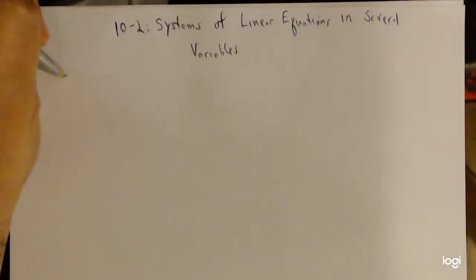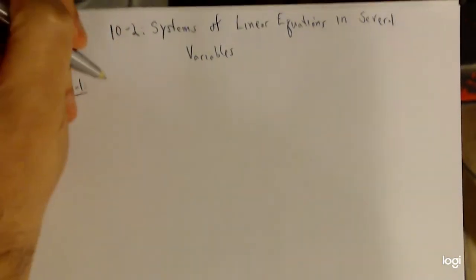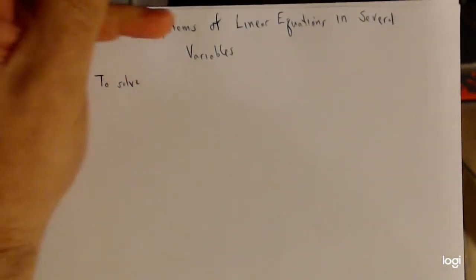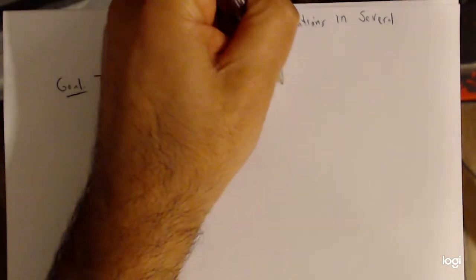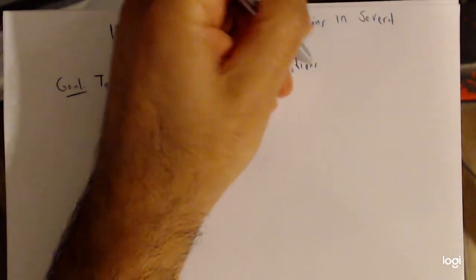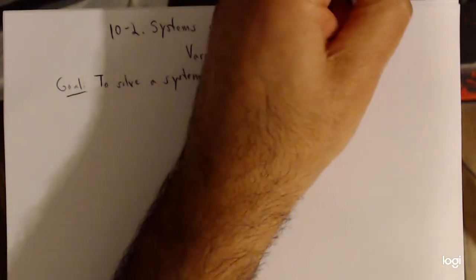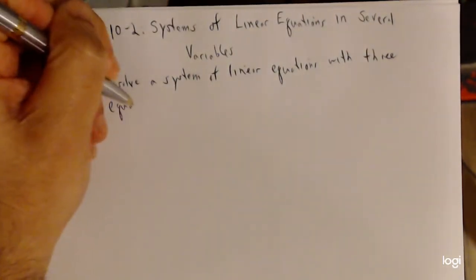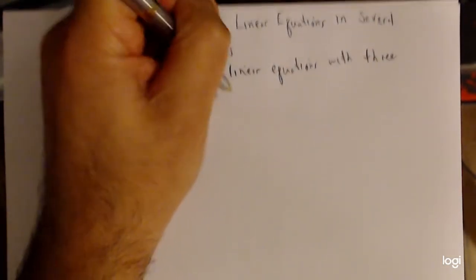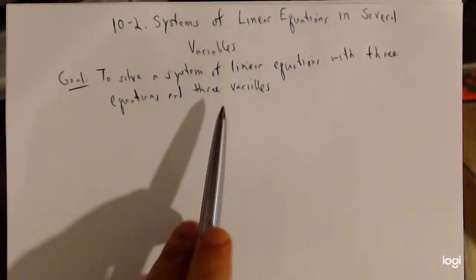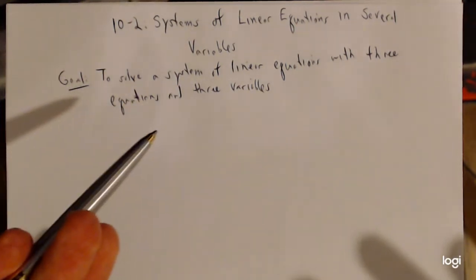So literally our goal here is going to be to solve a system of linear equations with 3 equations and 3 variables. So keep in mind that when I say this, we could have system of equations larger than 3.